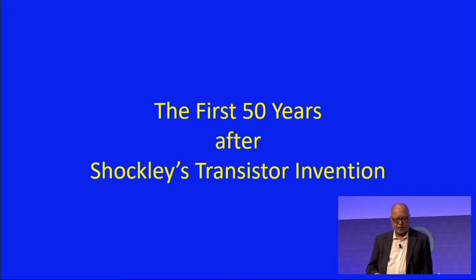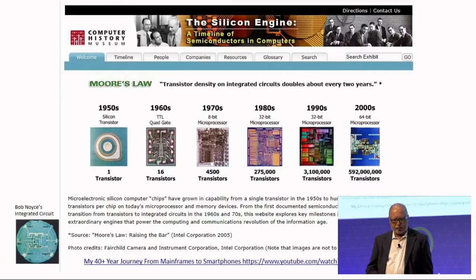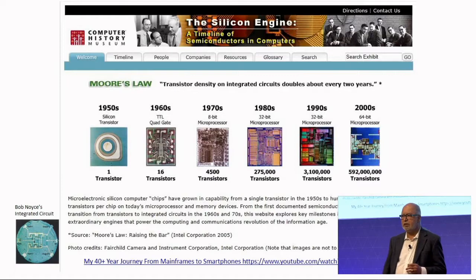So first, Shockley invented the transistor in the early 1950s. Over the first 50 years or so, you could see how things transitioned. By the time we got into the 2000s, we had about 500,000 transistors on a single chip. So quite a lot of progress.